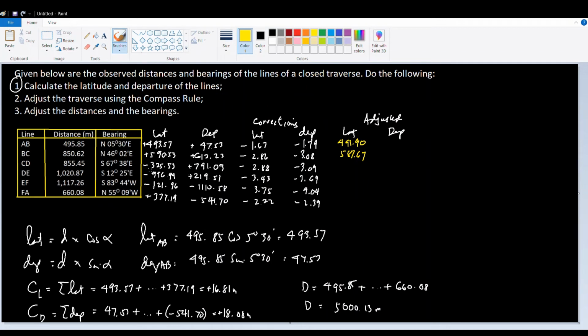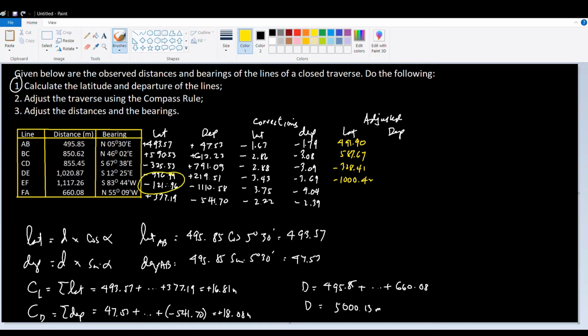Next, negative 325.53 minus 2.83. That is negative 328.41. Next, negative 996.99 minus 3.43. That must be negative 1,000.42.